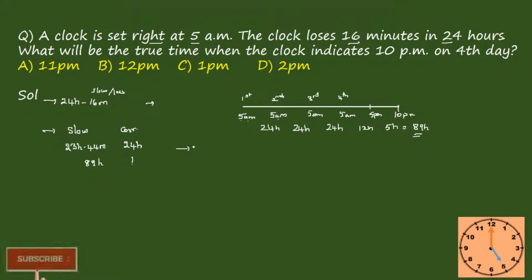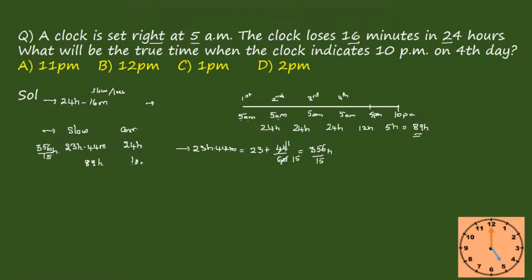So we will be converting 23 hours 44 minutes into hours, which is nothing but 23 plus 44 by 60, which is equal to 356 by 15 hours. So the slow one would be showing 356 by 15 hours.